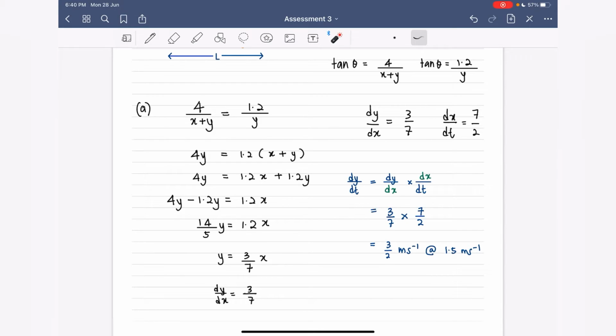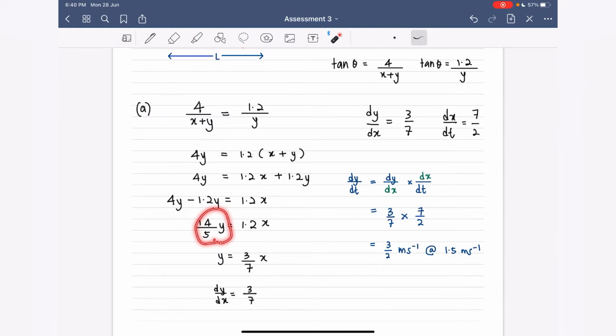So then this 1.2y can be moved to the left, and 4y subtract with 1.2y equals 1.2x.